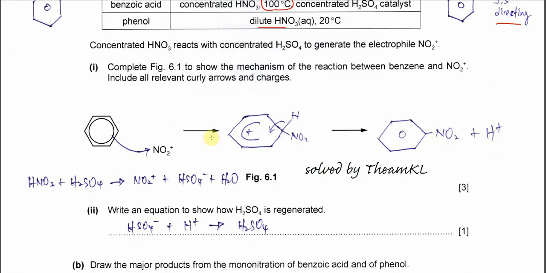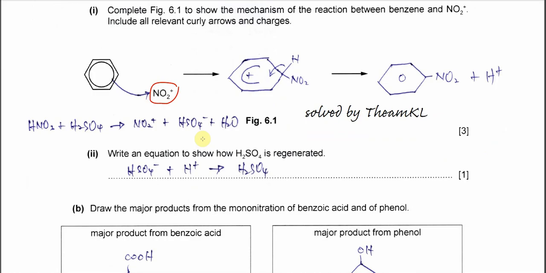This means the nitronium here is going to substitute the hydrogen in the benzene ring. So eventually it forms nitrobenzene and this H plus will be removed. So this is a substitution which is caused by an electrophile, so we call it electrophilic substitution.